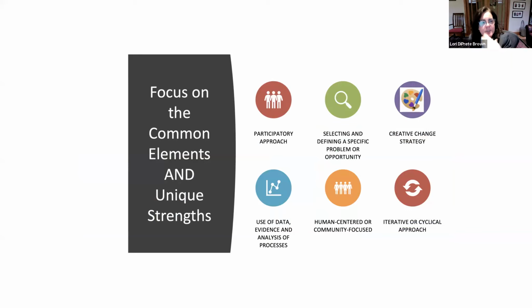Sometimes a change strategy is, let's get people to follow the protocol. Don't think that good routines done well all the time are a bad thing. A lot of problems in our systems are just lacking that, so regularity and routine compliance with procedure is not trivial, but sometimes you do need something creative and an innovation.